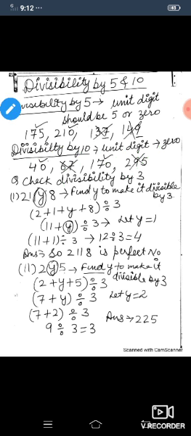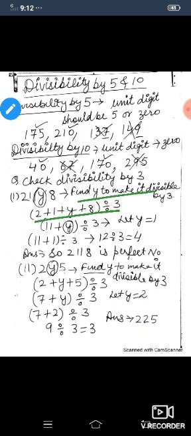Now in this question you have to check the divisibility by 3. 21y8. It says find the smallest number in place of y to make this number divisible by 3. Now we will add up the digits, 2 plus 1 plus y plus 8 is divisible by 3. Adding up, it is 11 plus y, that is divisible by 3.